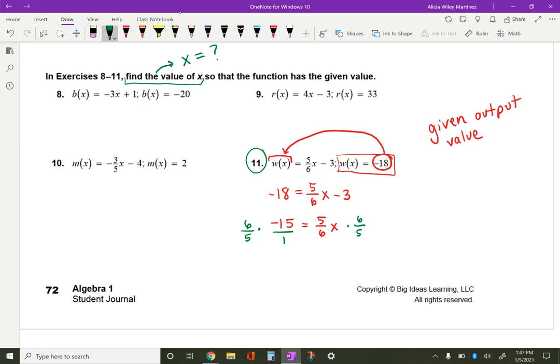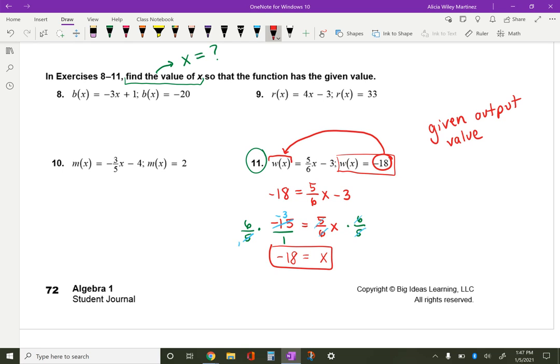You can multiply straight across and then divide, but you can definitely simplify the 5 and the 15 by 5. 5 goes into 5 once. 5 goes into negative 15, negative 3 times, right? So then this all cancels out. And you are left with x equals, oh, look at that. You're left with x equals negative 18.